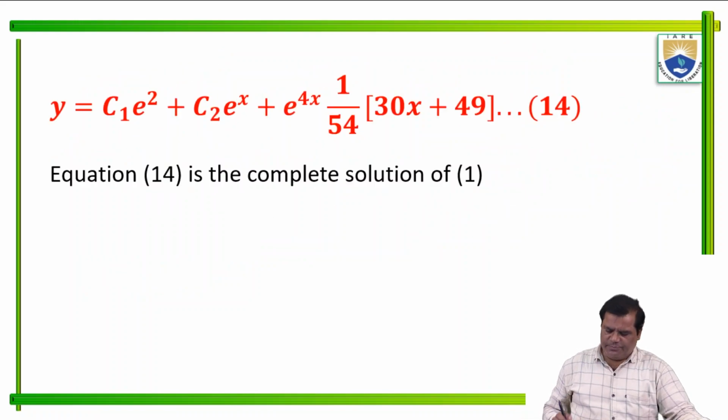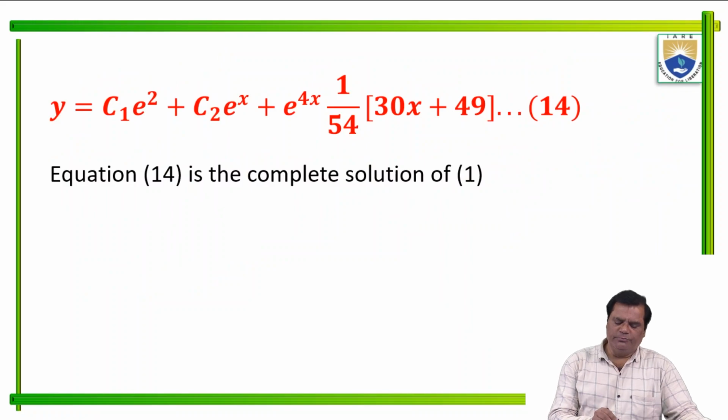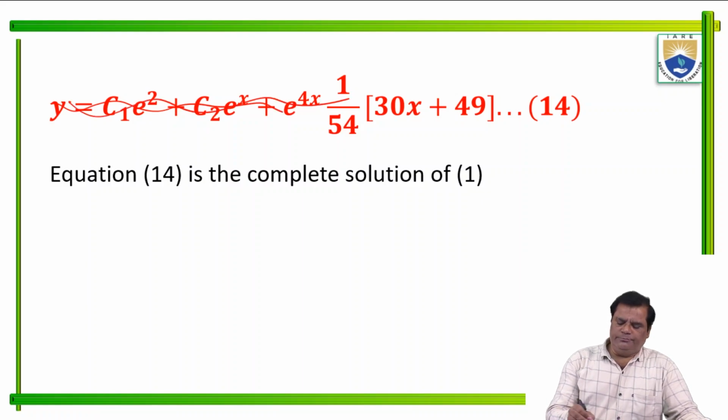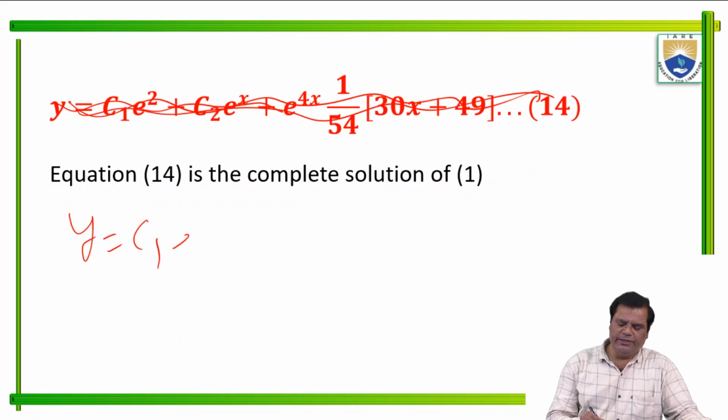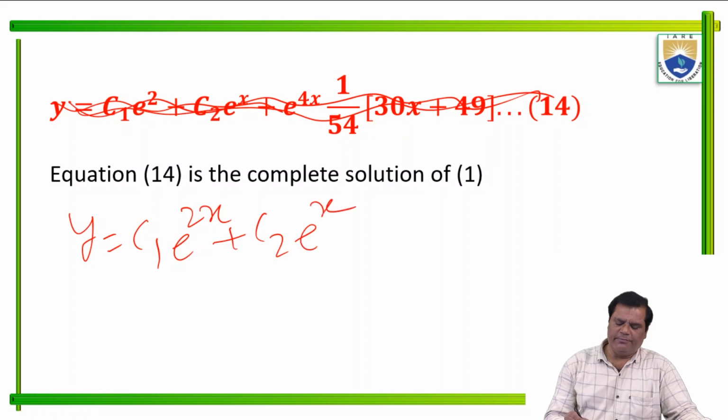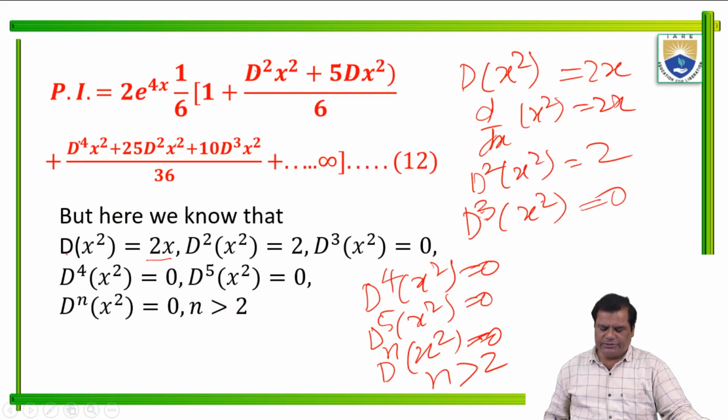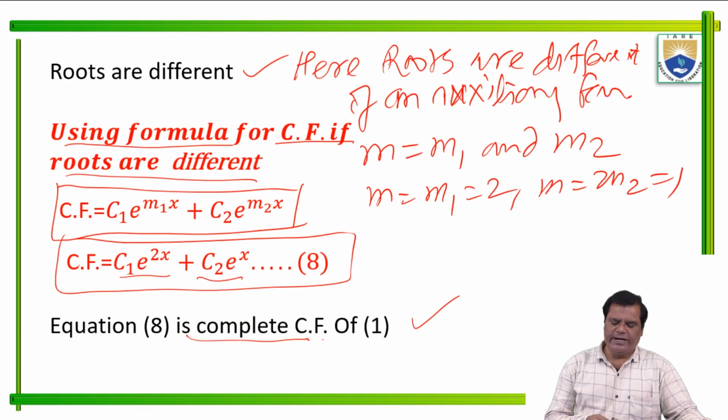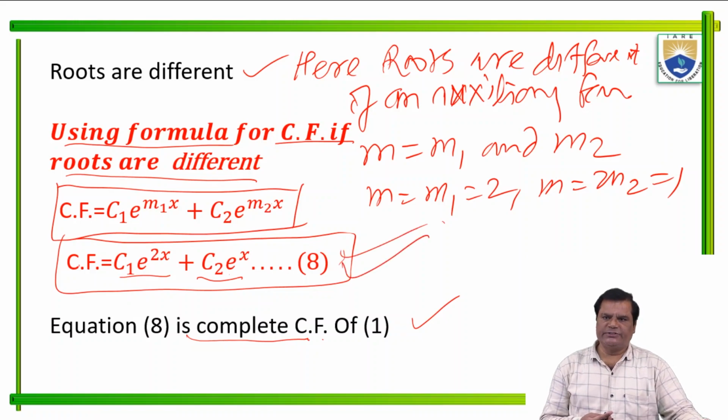So y equals C1 e^(2x) plus C2 e^x, because we get CF as e^(2x) and e^x. This is equation number 8, which is our CF.